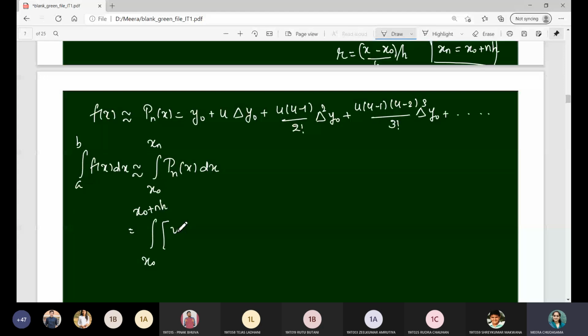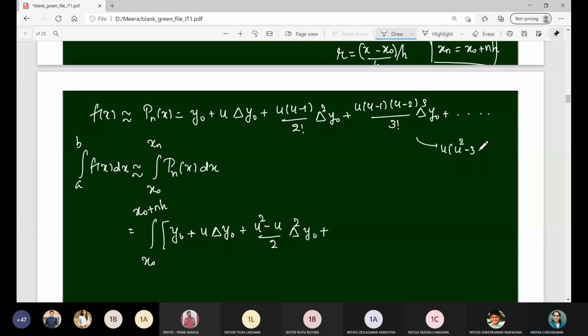y0 plus u delta y0 plus u square minus u upon 2 factorial delta 2 y0 plus, what this one will be, simplification of this I am writing u into u square minus 3u plus 2, right?